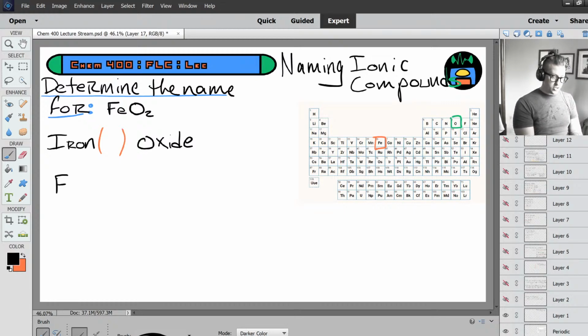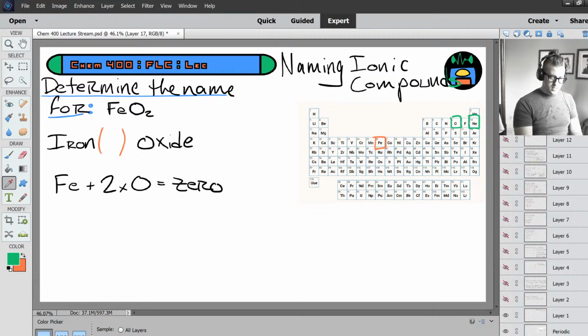We know that the charge on iron plus 2 times the charge on oxygen will have to add to 0. We can look at the periodic table to determine that oxygen's charge as the oxide anion will be -2.